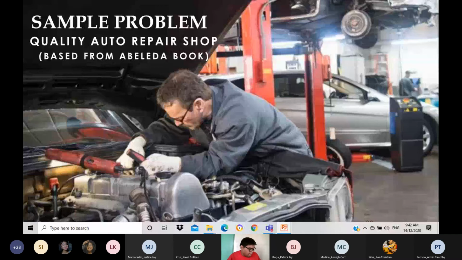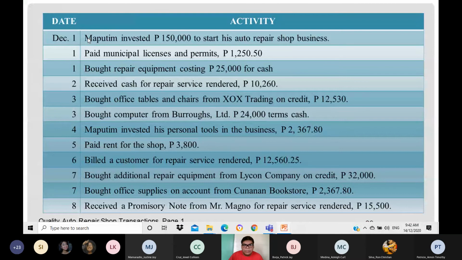Yung other pictures or other entries, I can add later. So, pinakita yung nangyari. No? Si Maputin, no? Yan. Ano ba yung mga nangyari? Ito yung transactions. No? They're all on the book. You know naman. So, i-explain ko lang konti.